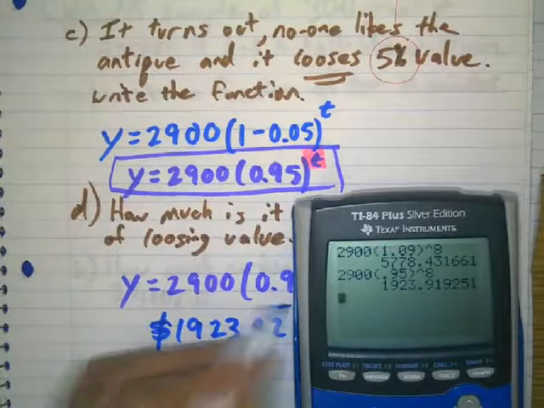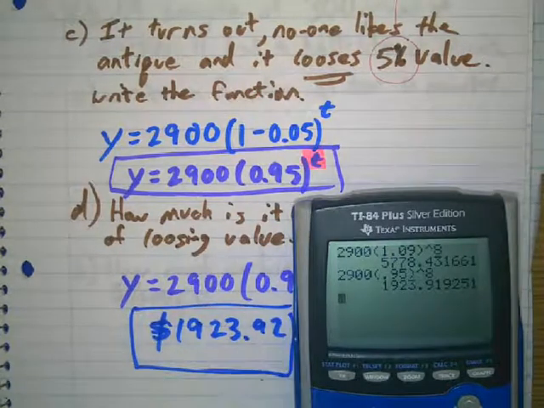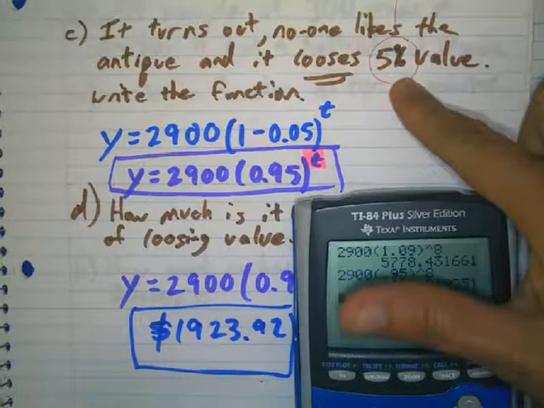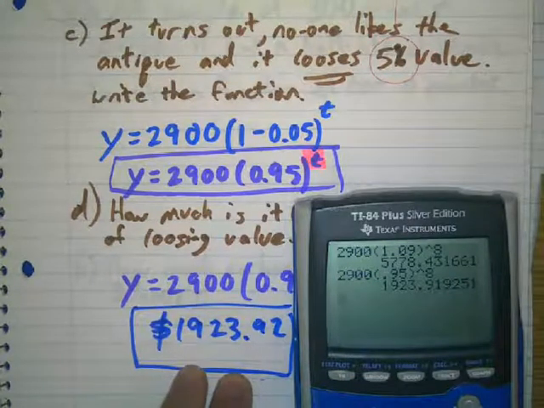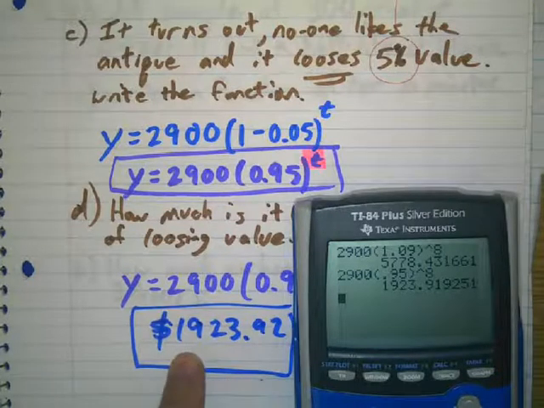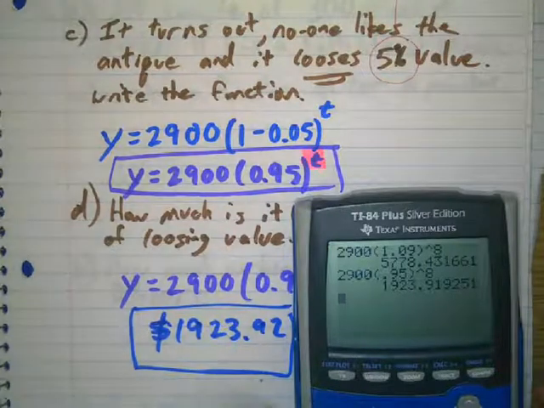Okay, and let's see, does this make any sense? If it's losing 5% of value, then it should be a number smaller than 2,900, and this is a value smaller than 2,900. You need to check to see if your answer makes sense.